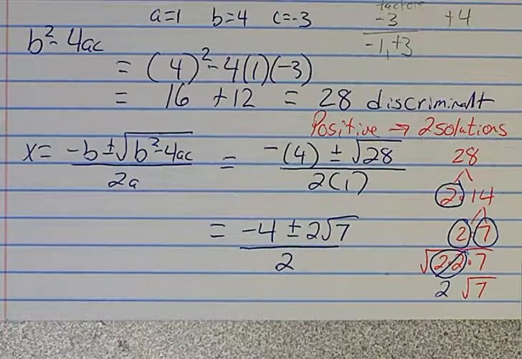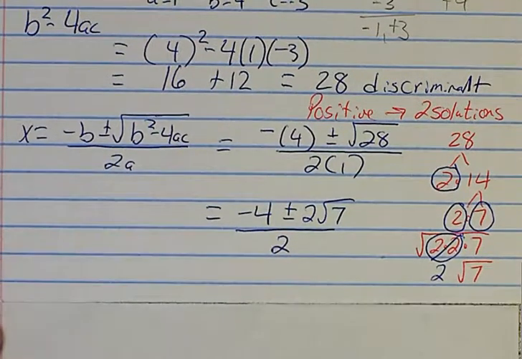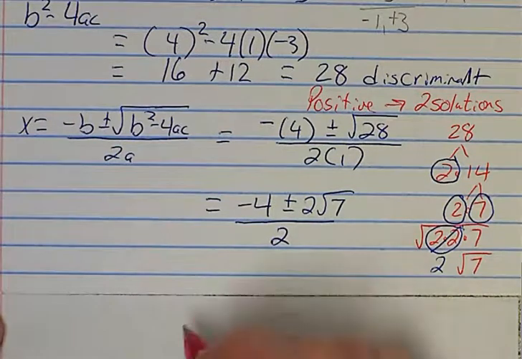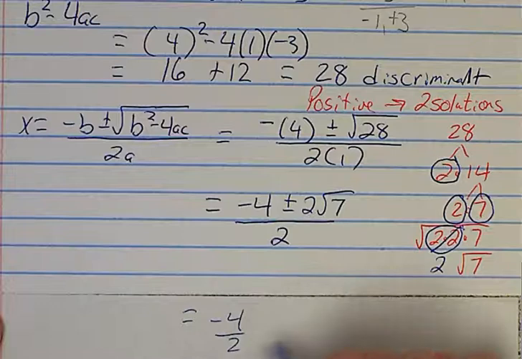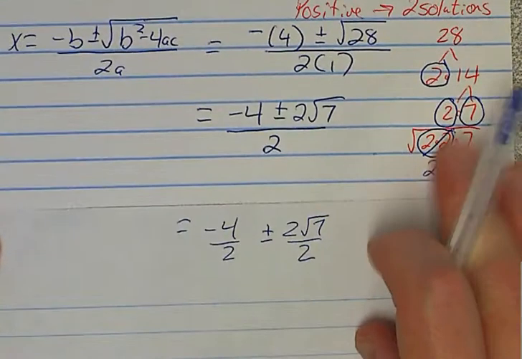And then from there, we've got to simplify the rest of it. Because we've got negative 4 over 2, we're also going to have the 2 square root of 7 over 2. Whatever that number is that's here, you got to break it up into 2 parts and see if you can simplify any of it.